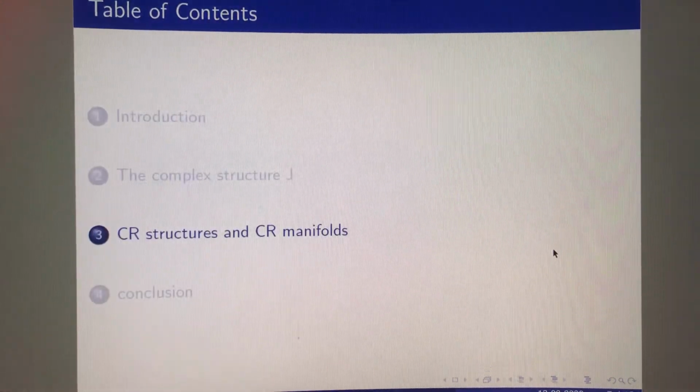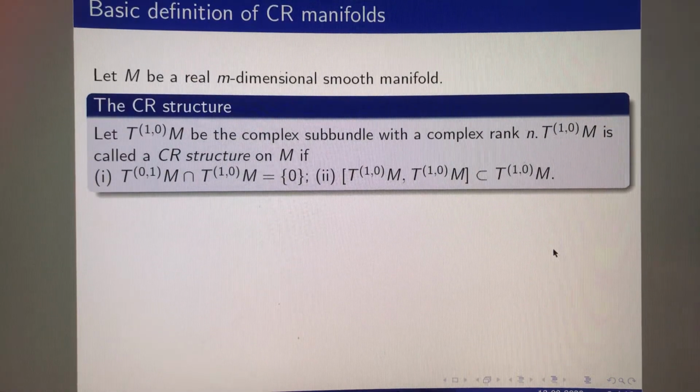With those terminologies, we can now define the CR structure and CR manifold. First, let M be a real m-dimensional smooth manifold, and T01M a complex subbundle with complex rank n. It is a CR structure if it satisfies the following conditions.